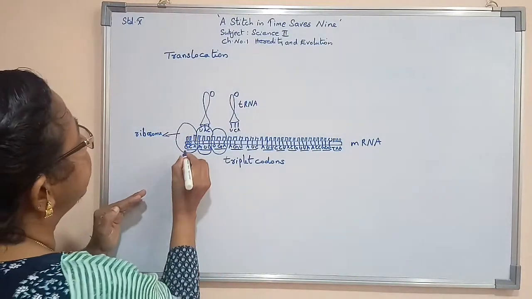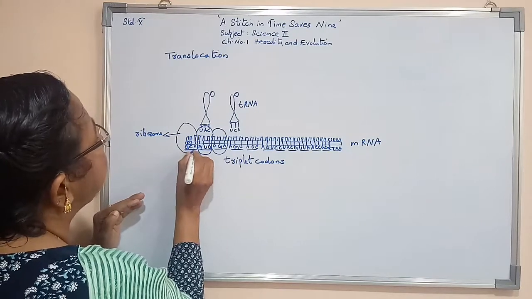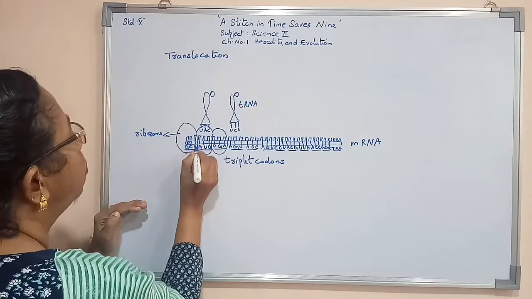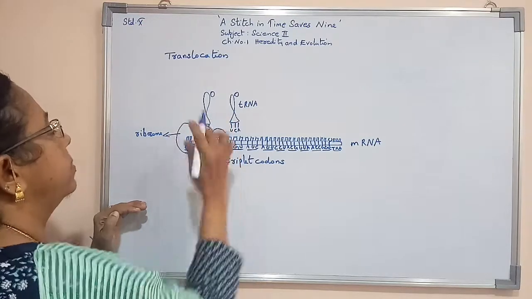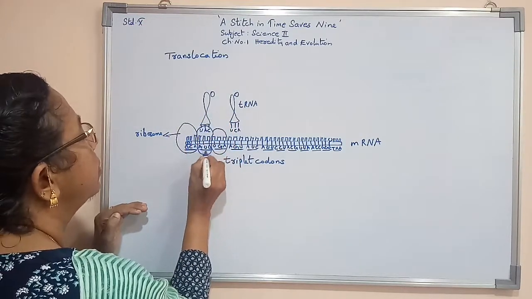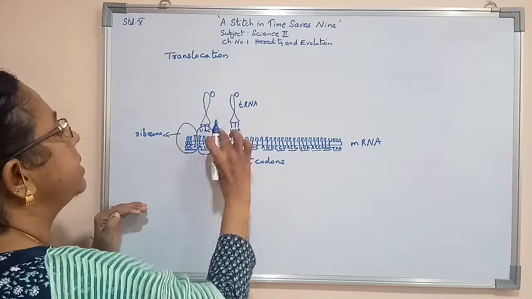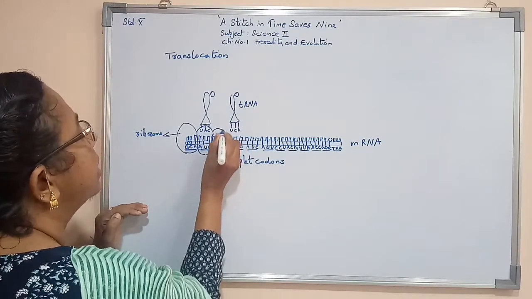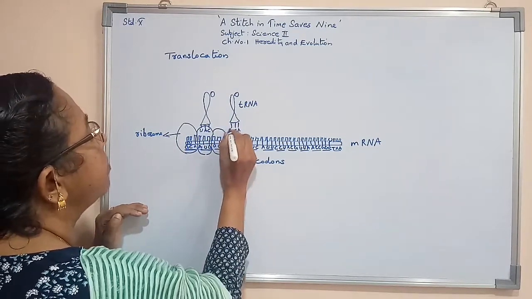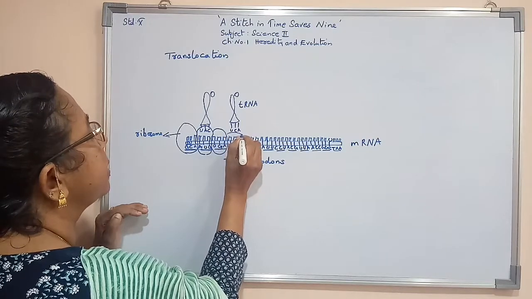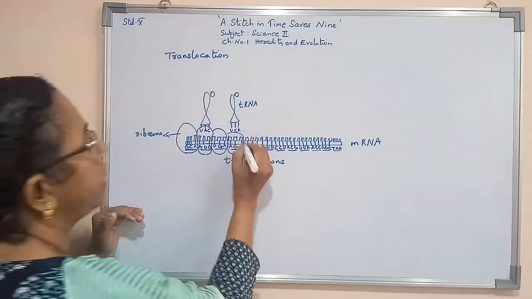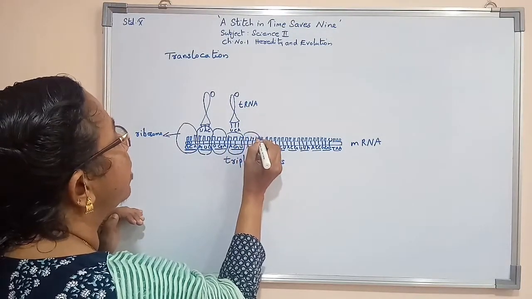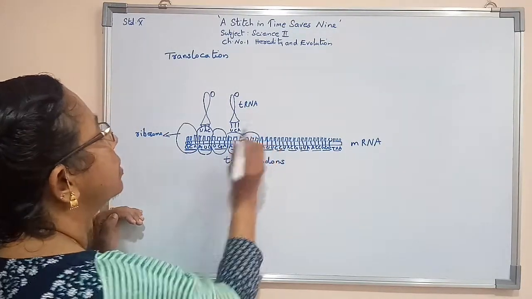Now at the distance of one triplet codon, it reaches here, then the other triplet codon, again it reaches here, and it moves like that, covering one triplet codon at a time.